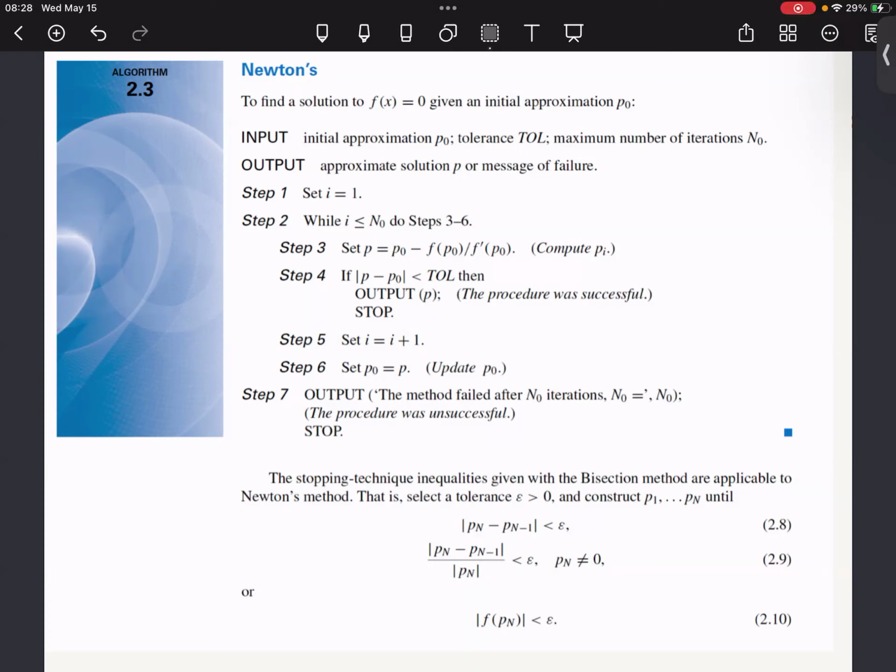Each time, you can see this is step 4, and this step 4 is to check whether we are close enough to the solution.